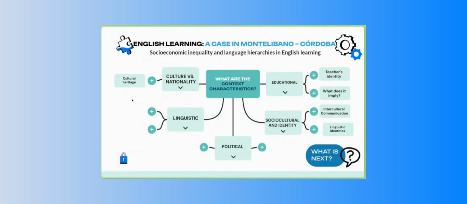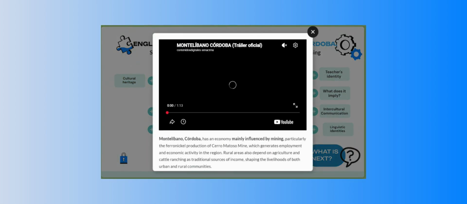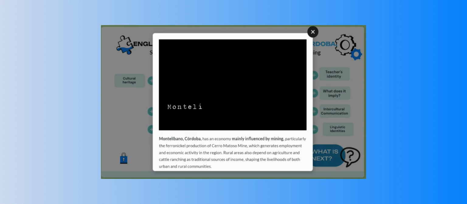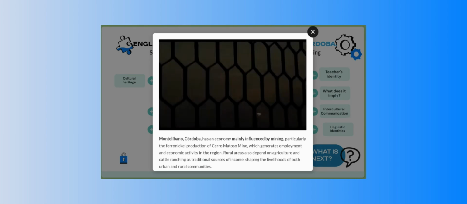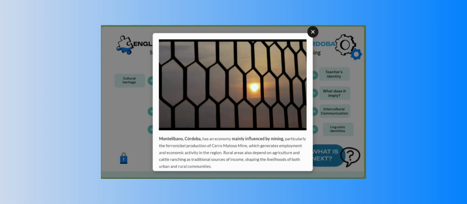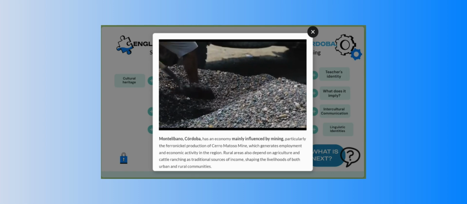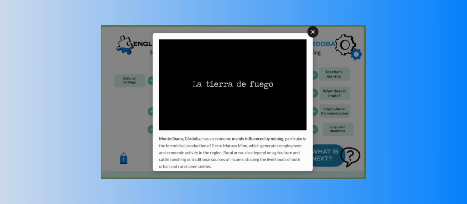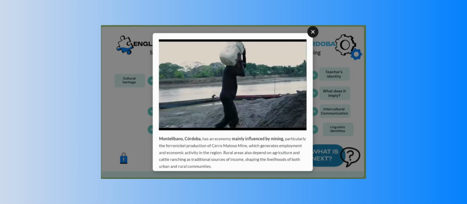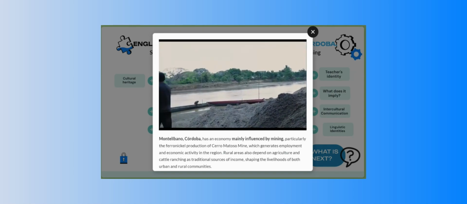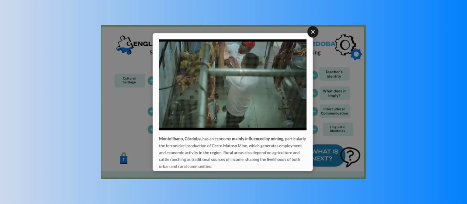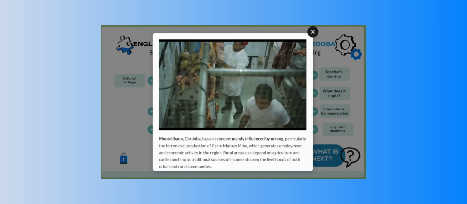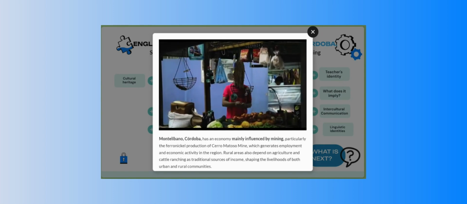To exemplify this, we have this line that is cultural heritage. Particularly regarding the economic activities of this community, Montelíbano, Córdoba has its economy mainly influenced by mining, particularly the ferronickel production of the Cerro Matoso mine, which generates employment and economic activity in the region. Rural areas also depend on agriculture and cattle ranching as traditional sources of income, shaping the livelihoods of both urban and rural communities.